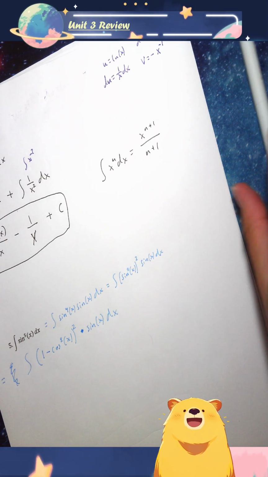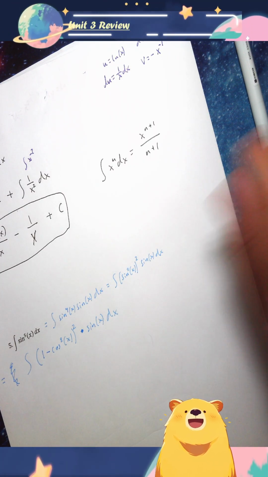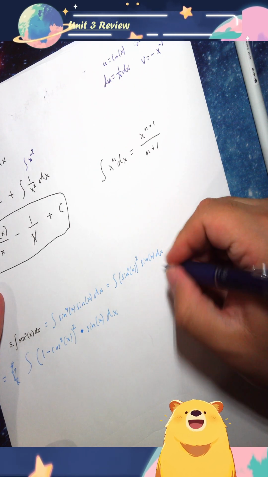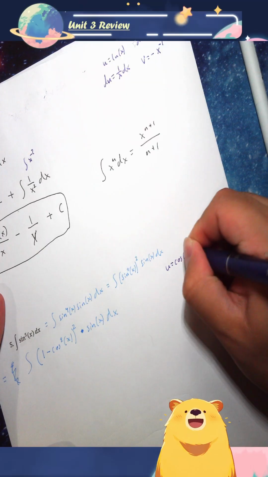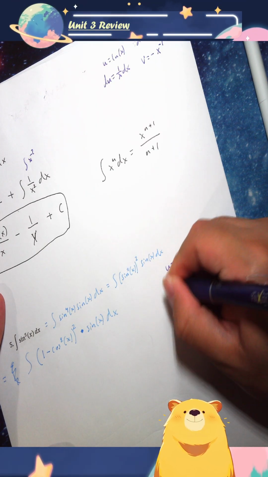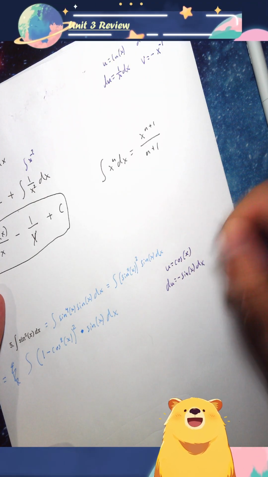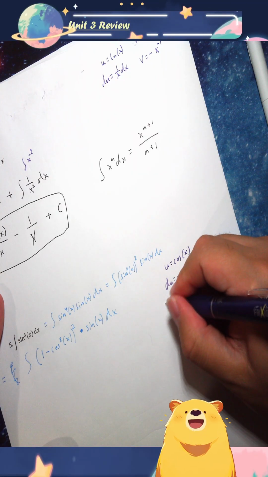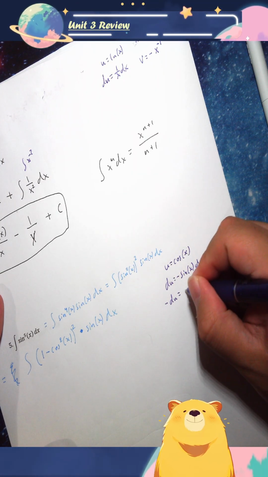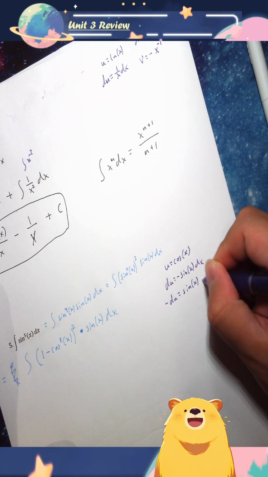In this case, a u substitution would serve me well here, where we let u be cosine of x and du be negative sine of x dx. There's no negative here, so I'm just going to take it out. Negative du is sine of x dx.